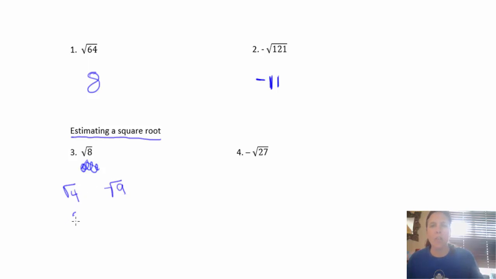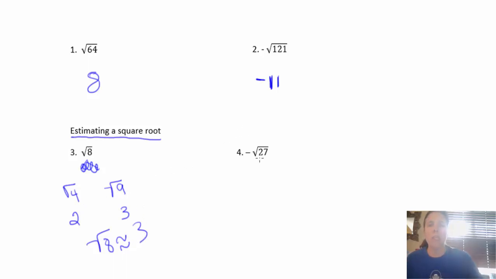This is 2 and this is 3. So we know the square root of 8 is close to the square root of 9, so it's going to be close to 3. You would say the square root of 8 is about 3. If it was closer to the square root of 4, you would say it's about 2. This is obviously if you don't have a calculator.